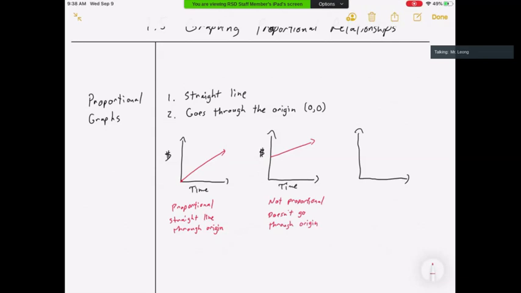It doesn't go through the origin, so it is not proportional. Next, what about a graph that looks like this?